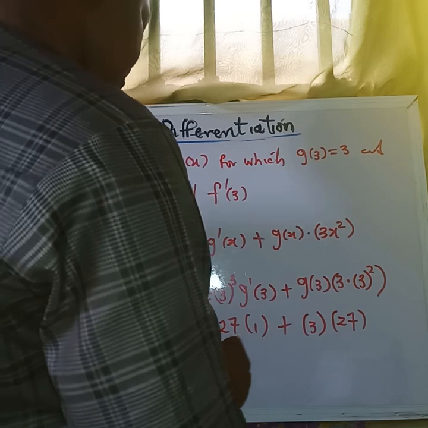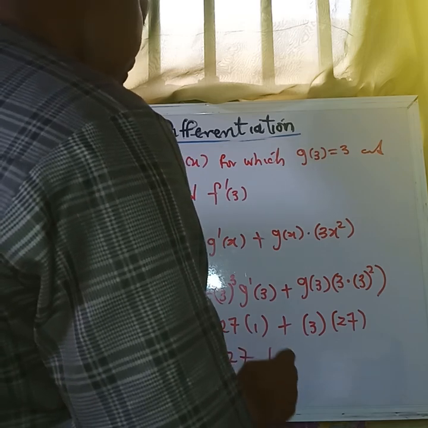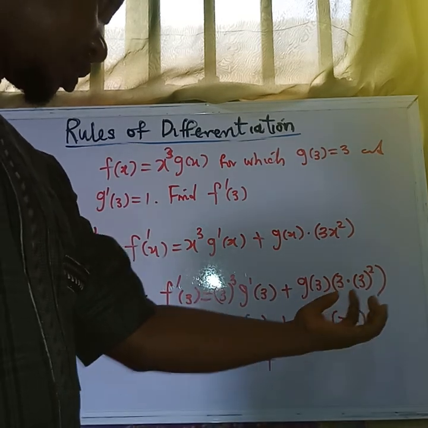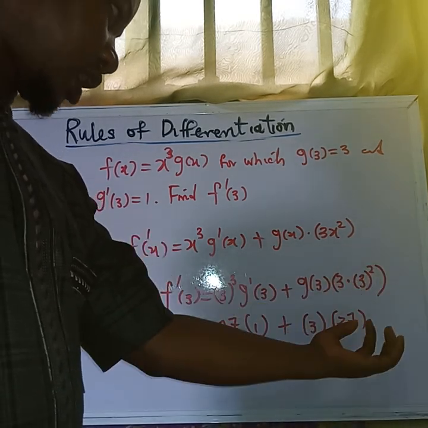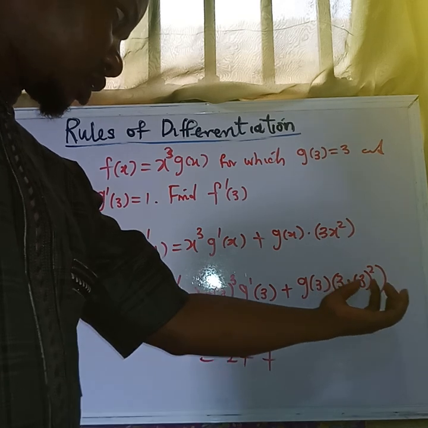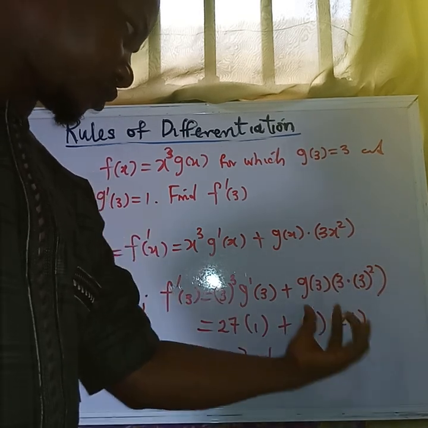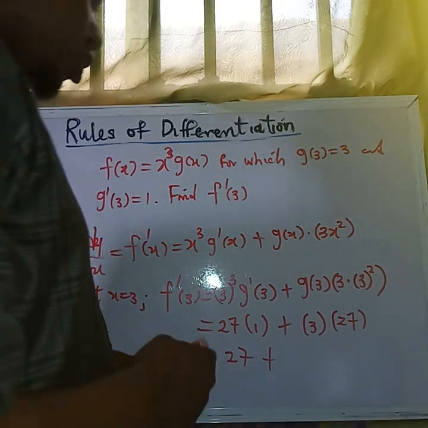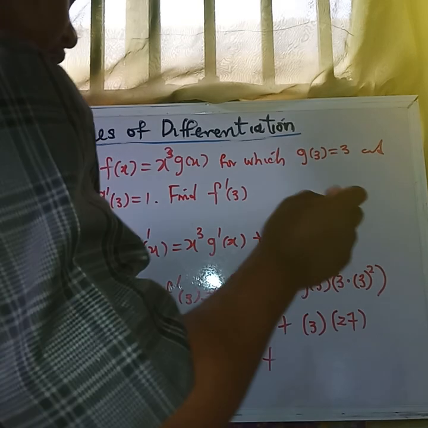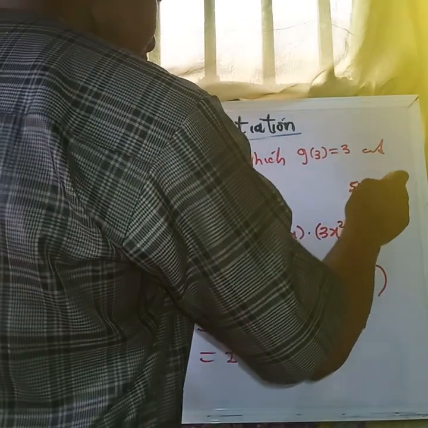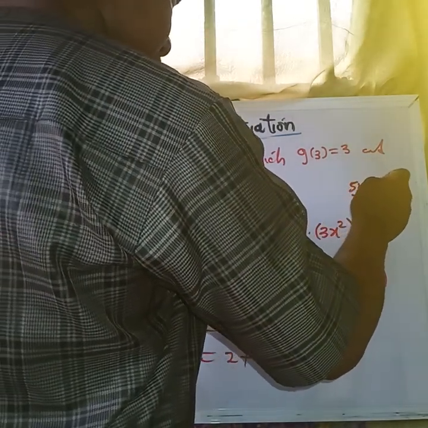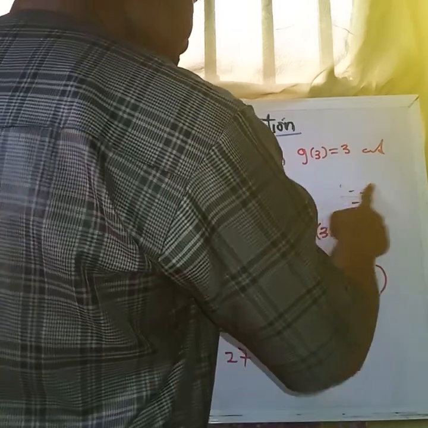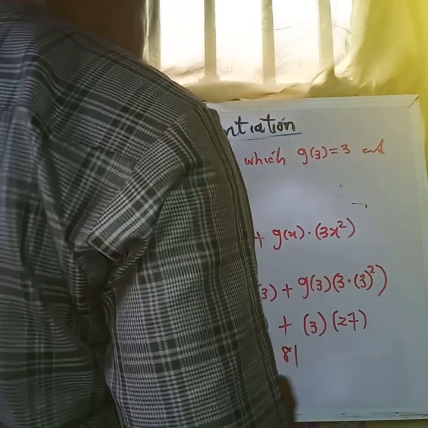This will be equal to 27 plus, so g of 3 here is 3. 3 squared is 9, so 3 times 9 is 27, and we can multiply this by 3 straight away, that's 81.